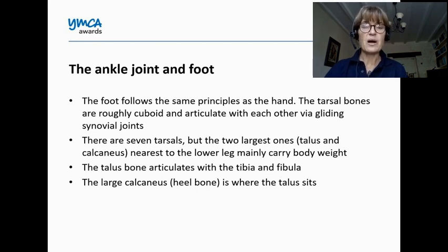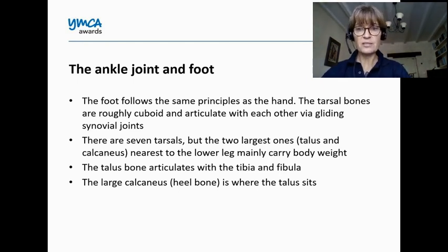So moving down to our ankle and our foot. Now, if you recall, we looked at the bony structure of the hand, and we had the carpal bones there. And here in the foot, we've got our tarsal bones, again, roughly cuboidish in shape. And again, you've got the gliding action that happens between these synovial joints, between these cuboid tarsal bones.